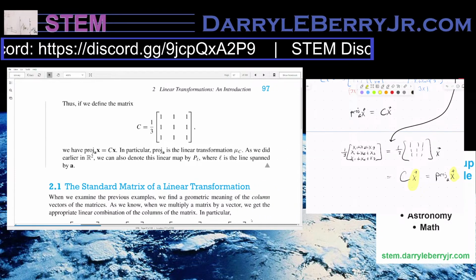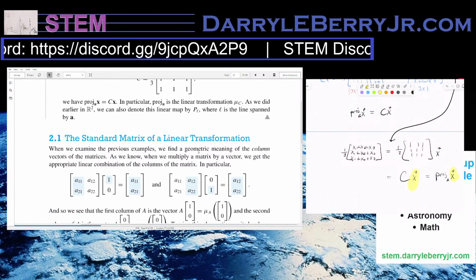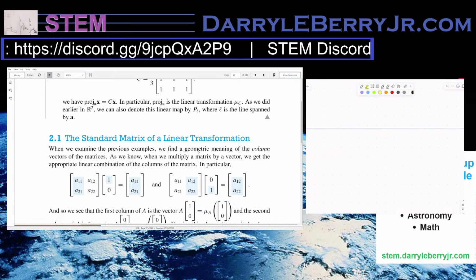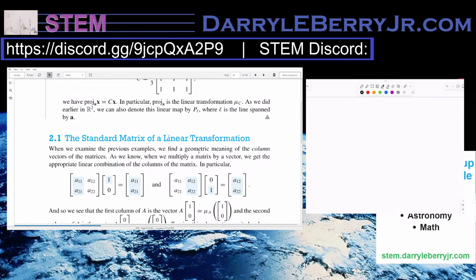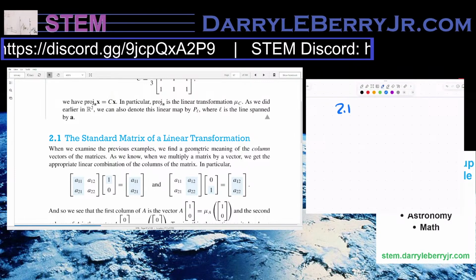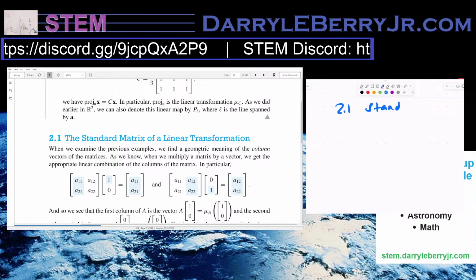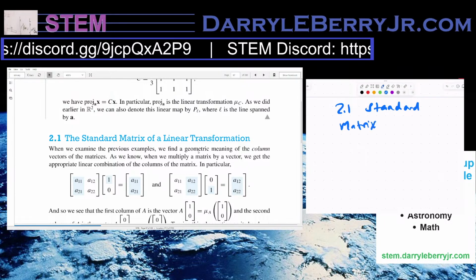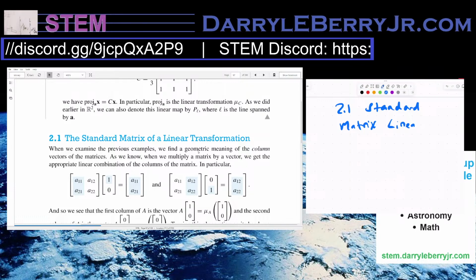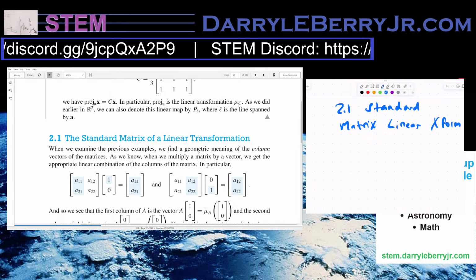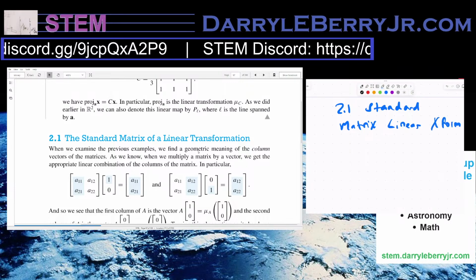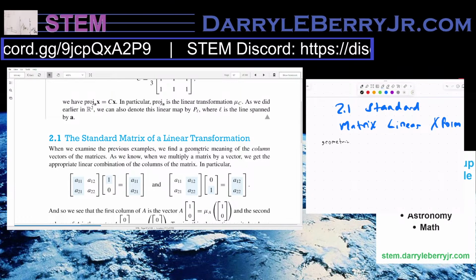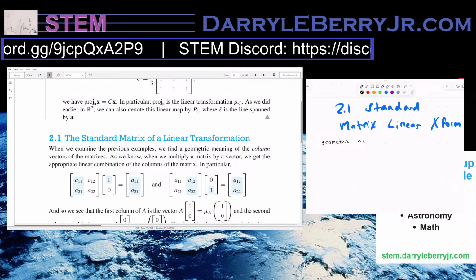When we examine the previous example, we find a geometric meaning: the column vectors of the matrix. The geometric meaning of the columns.